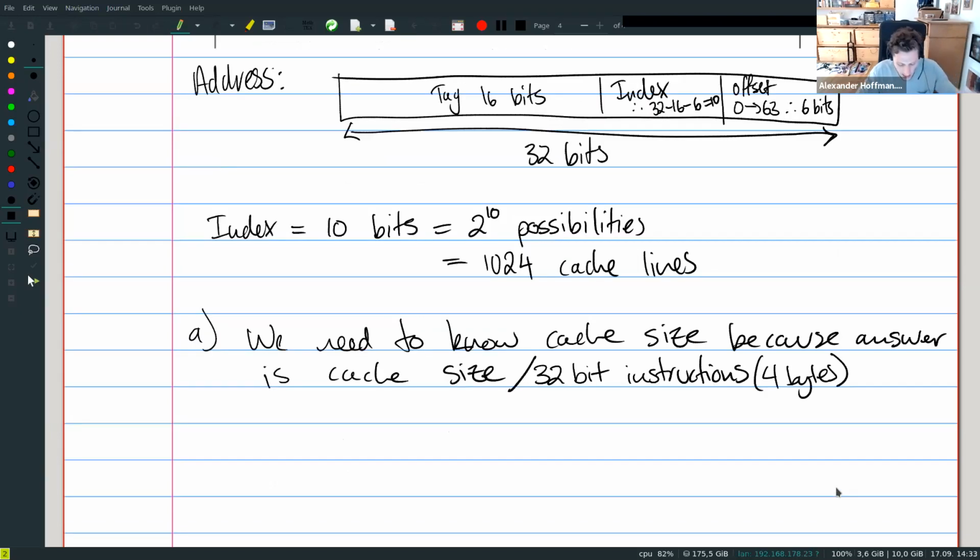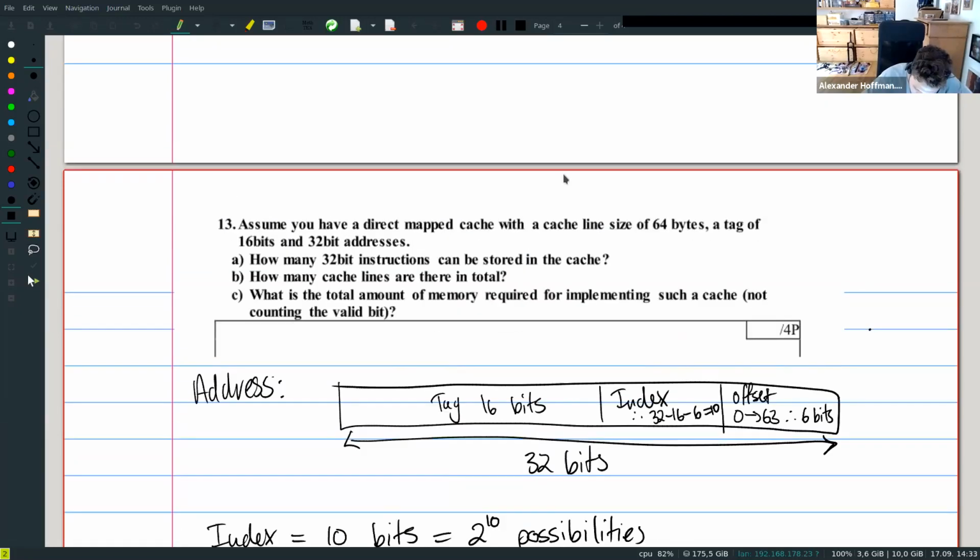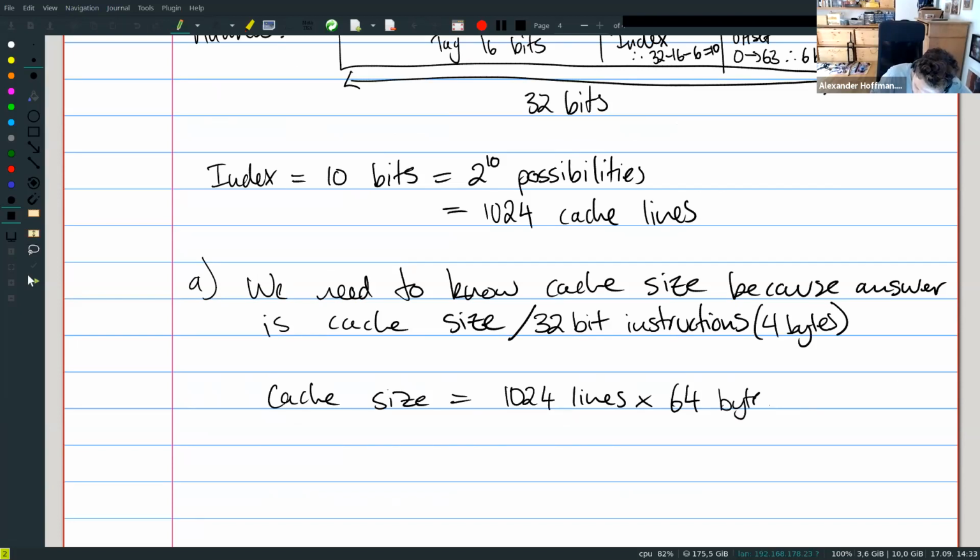So to get our cache size, it's pretty simple. We know how many lines we have, and we know how big each line is. So it's a simple multiplication. Cache size equals 1,024 lines times 64 bytes, yep, a 64-byte cache line size.